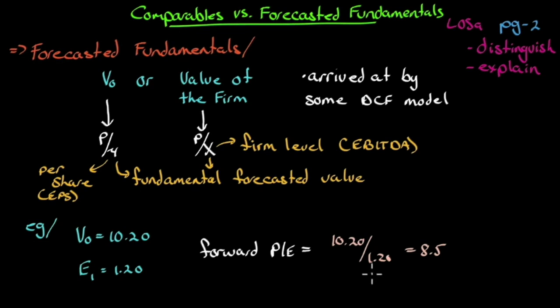That's all you really need to know. Here the fundamental value we're using is earnings. It doesn't have to be earnings. It could be anything. Our numerator can be the observed price we see in the marketplace or the intrinsic value we arrive at. The difference between an actual measured PE, whether on a trailing or a forward basis, versus a justified PE, we'll get more into that as we go deeper into this chapter.